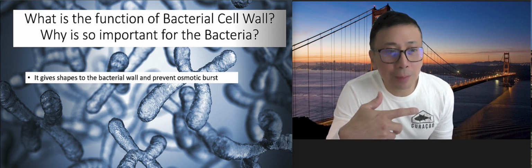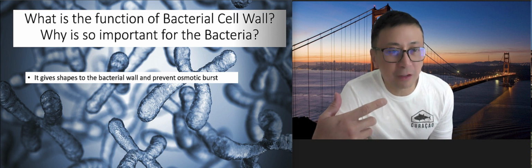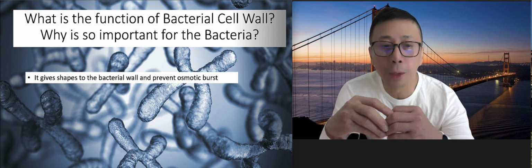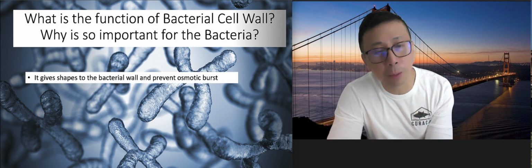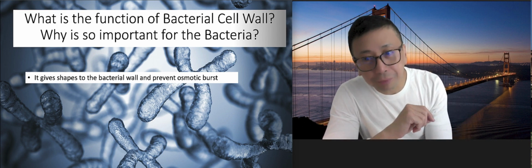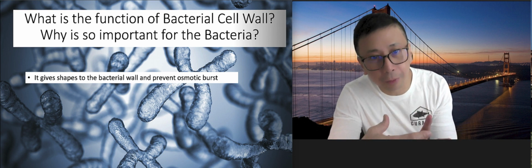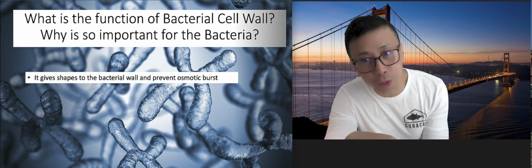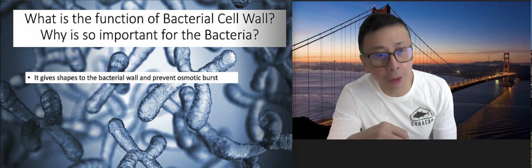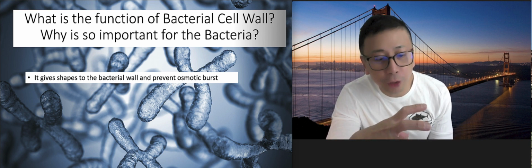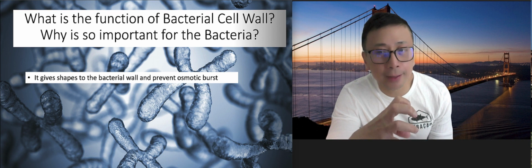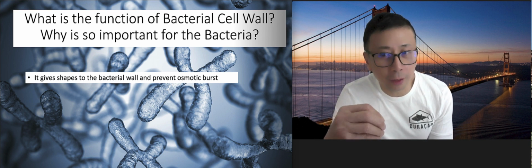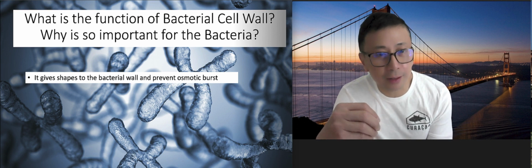So it gives shape to the bacterial wall and prevents osmotic bursts. Why? Because when the bacteria, and I will tell you how the bacteria form or how they develop their wall, it's just a simple sugar, like we call it the sugar backbone, right? So when the bacteria is getting mature, they have an increase of osmosis, right?